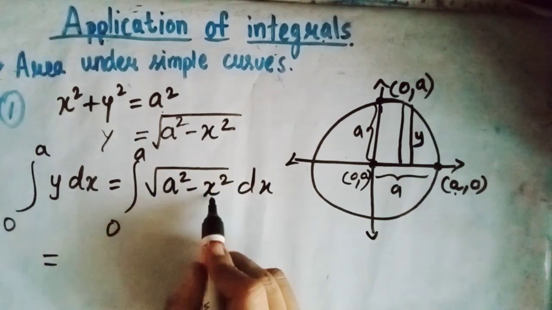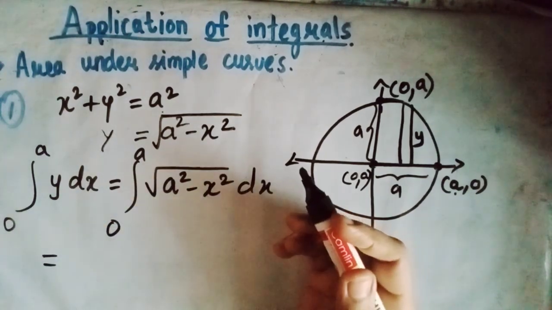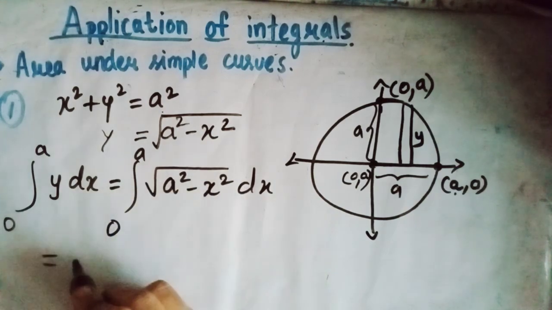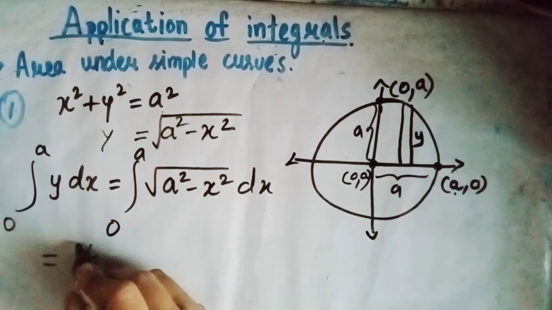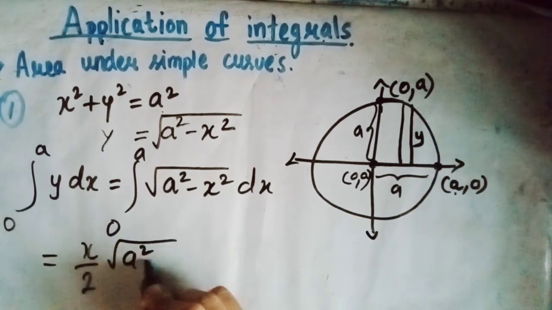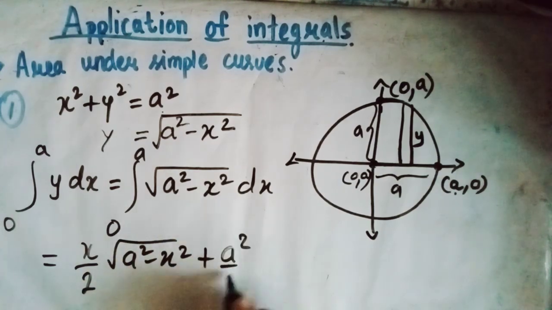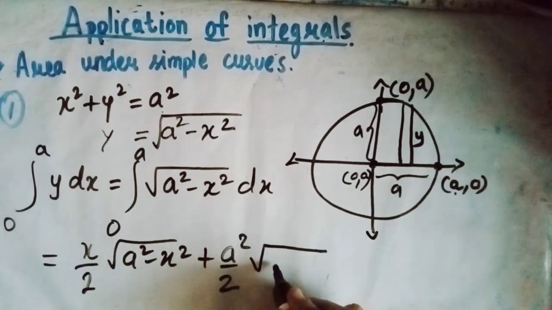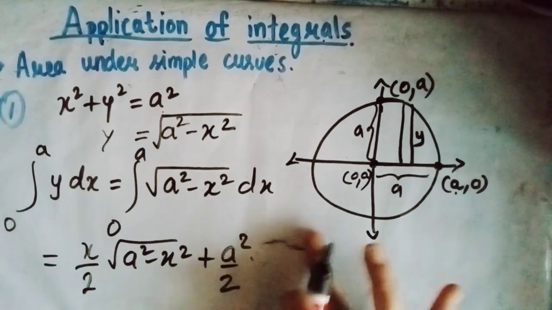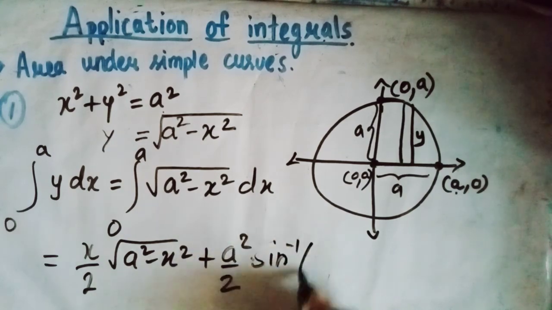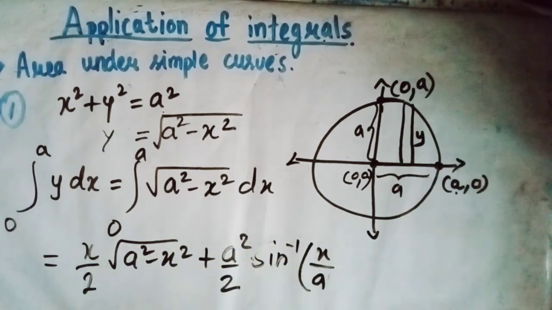Now make use of the standard results which we have studied in integration. So this is x by 2 root of a square minus x square plus a square by 2, sine inverse x by a.